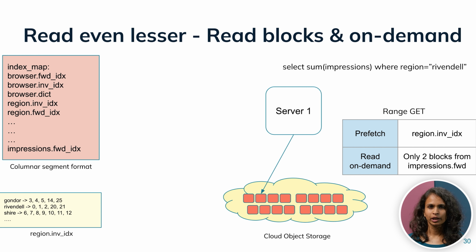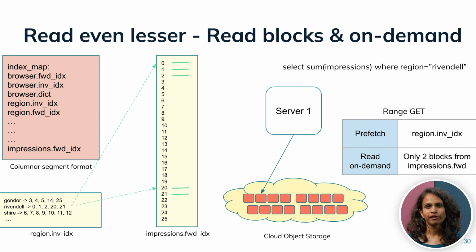So probably we don't need to fetch anything else for the region column. After applying the filter, you might have to read very few rows within the column impressions. So probably we don't need to fetch the full forward index for impressions, and we can just read small blocks of data during the post-filter execution.